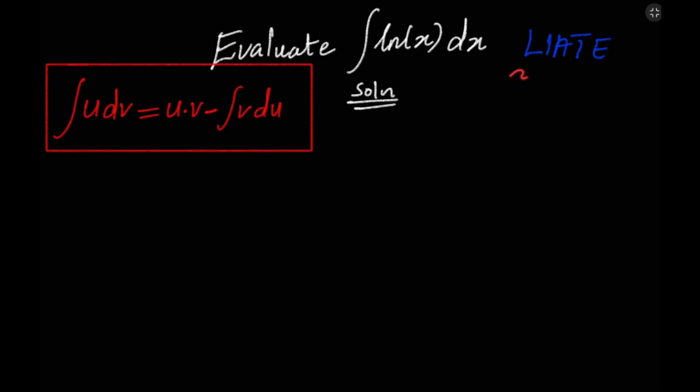In this LIATE, the L stands for logarithms. The I stands for inverse trigonometrics. You know, we have arctan, arccosine, such as that. The A stands for algebraic expressions, like x squared plus x, or x cubed plus x squared.